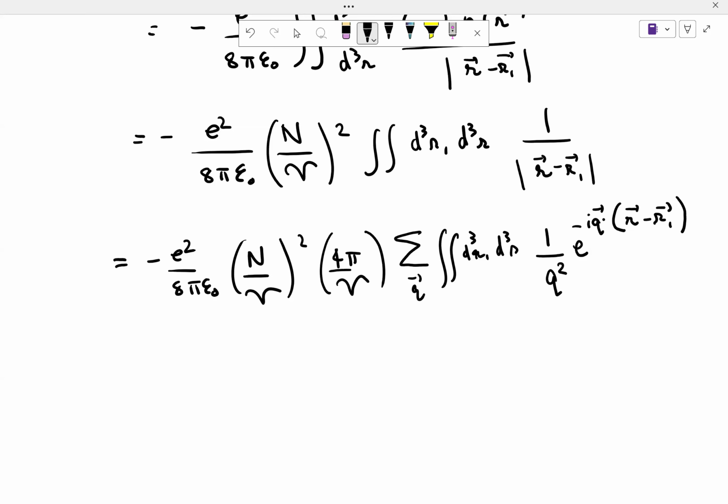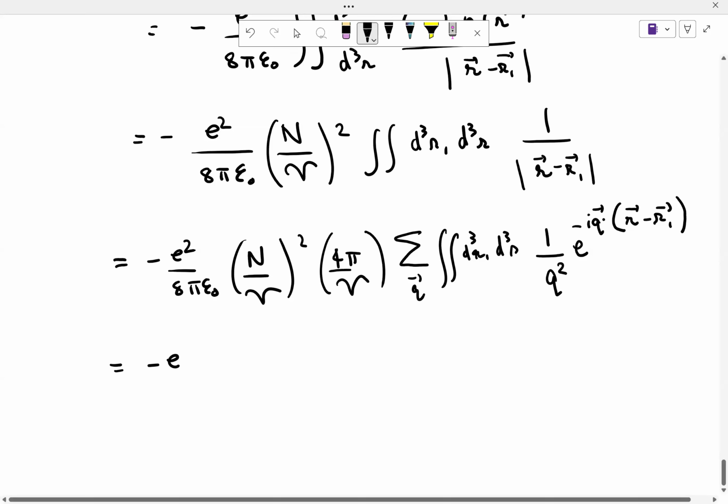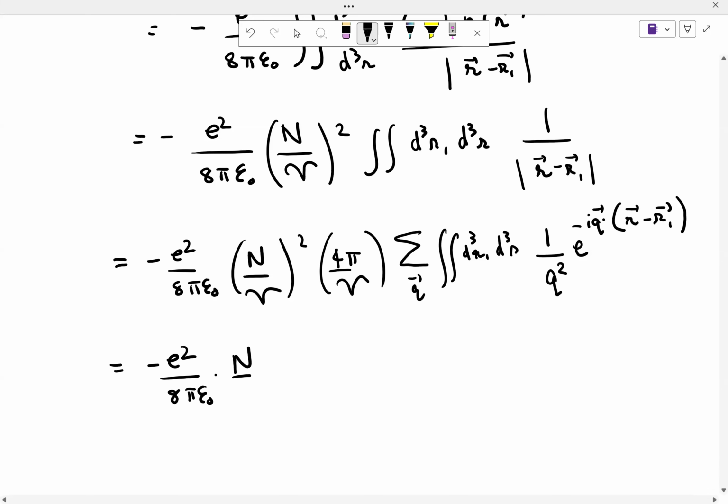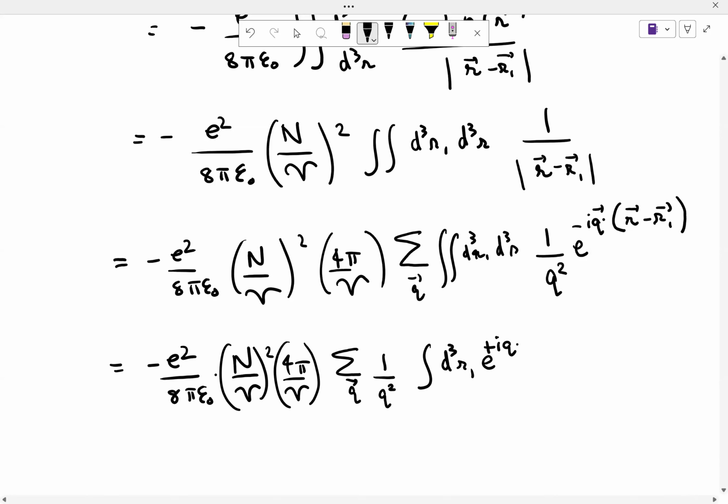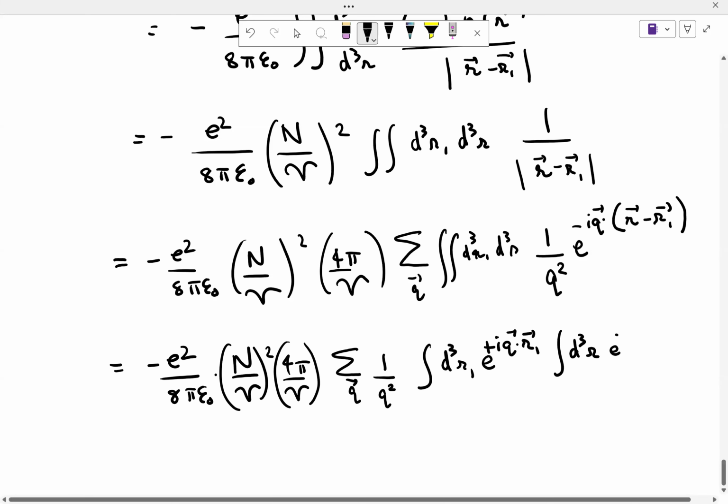Okay. So this becomes minus e square over 8 pi epsilon naught, n over v square, 4 pi over v, sum over q, 1 over q square, d cube r1 e to the plus iq dot r1, d cube r e to the minus iq dot r.